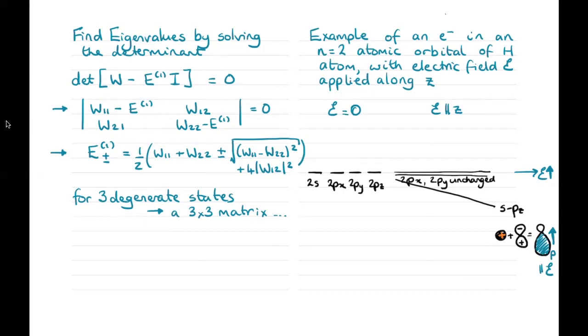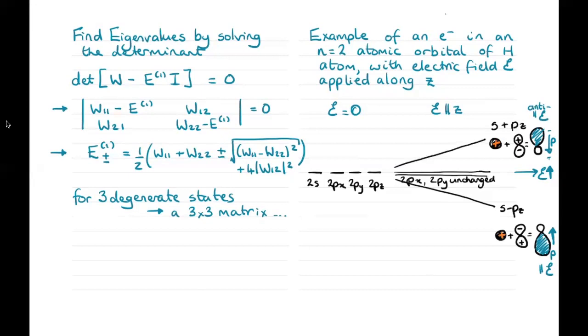whereas the orbital, which consists of the s orbital plus the pz orbital, again, if we assume that the s orbital has positive phase, and we add that to a p orbital oriented with its positive phase along plus z, then it has a dipole that's anti-parallel to the electric field, and so its energy increases as the electric field is increased.